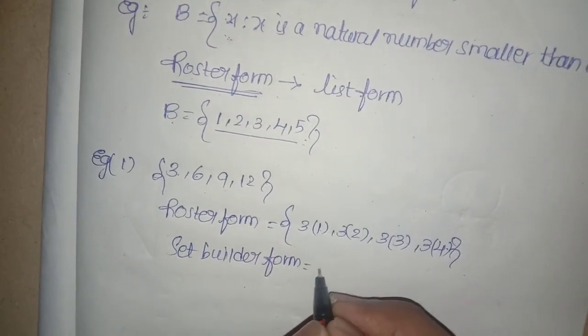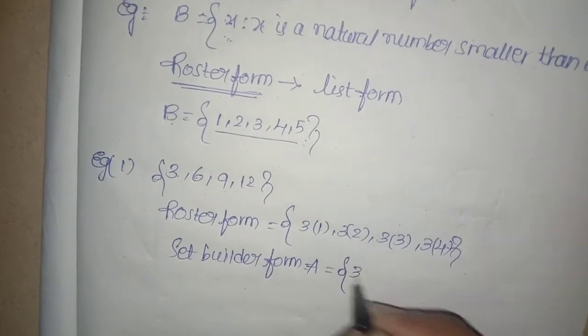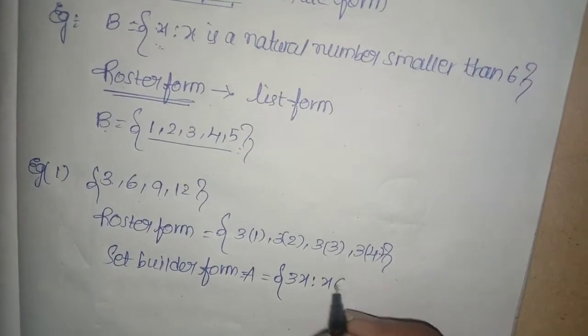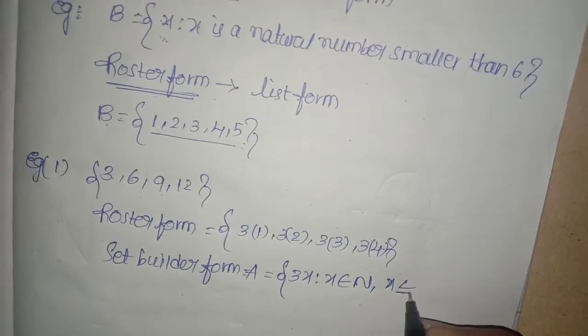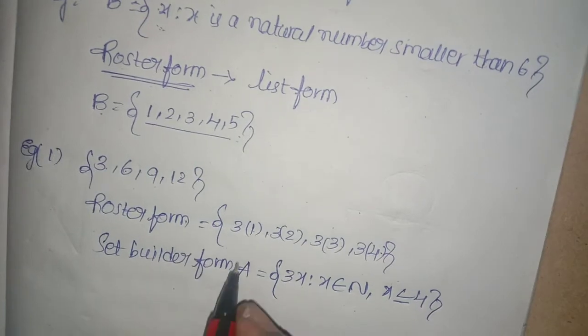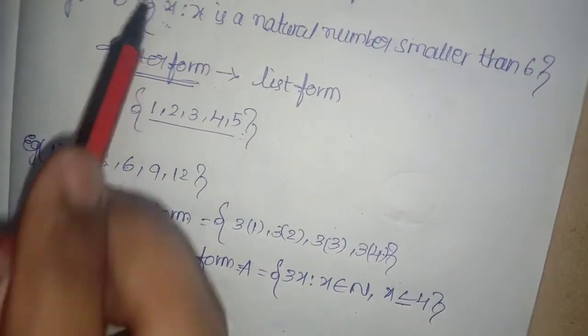Set builder form: A equals 3x colon x belongs to natural numbers, x less than or equal to 4. On this basis, when roster form is given we write set builder form, and when set builder form is given we write roster form.